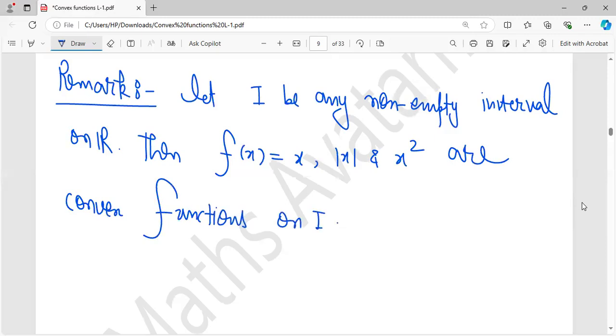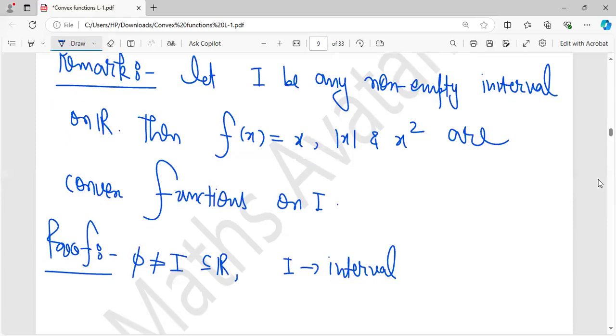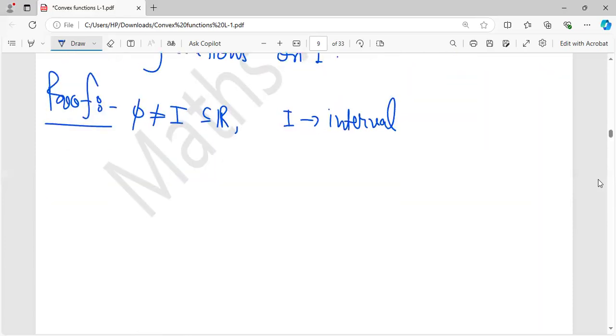So it is simple because I is a subset of R, I is non-empty and I is an interval. An interval on R is always a convex set, we know that.